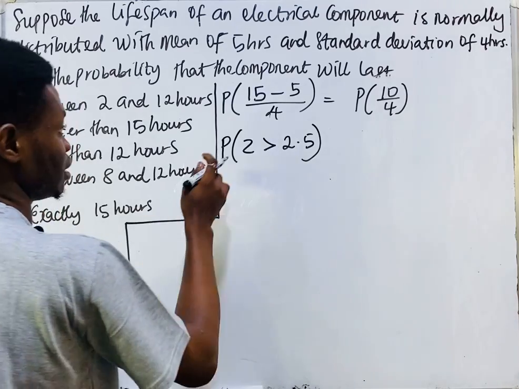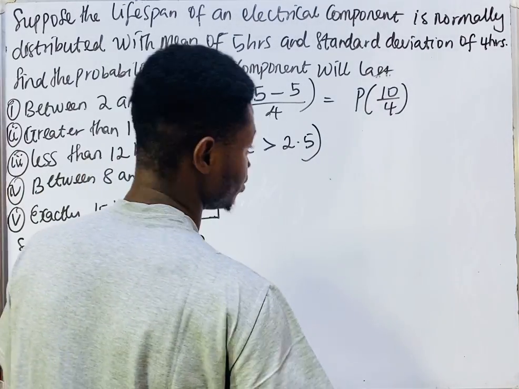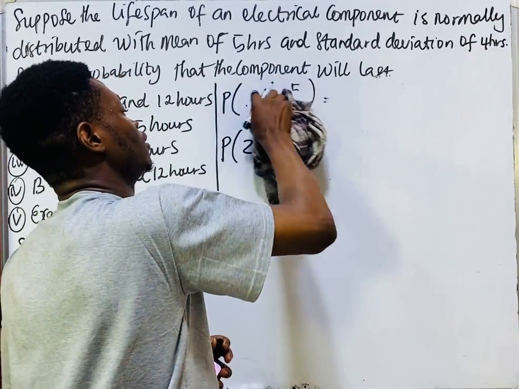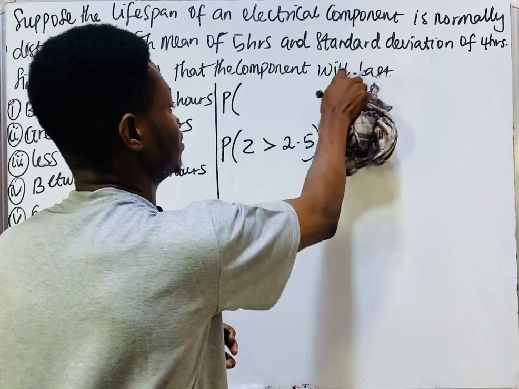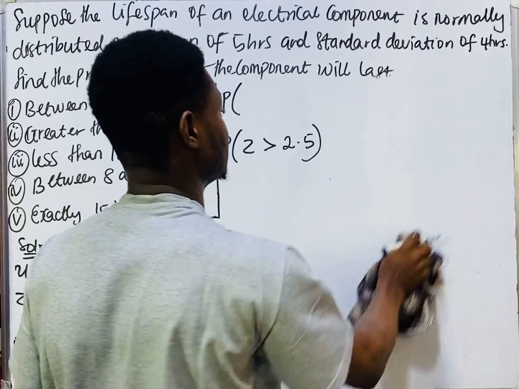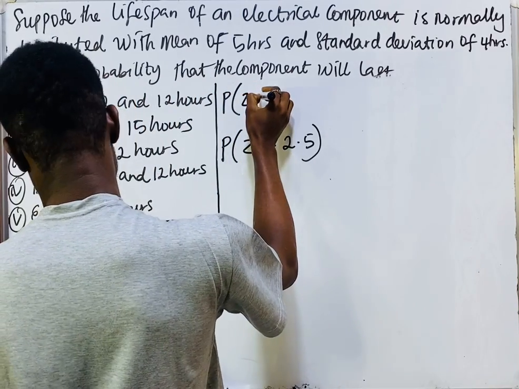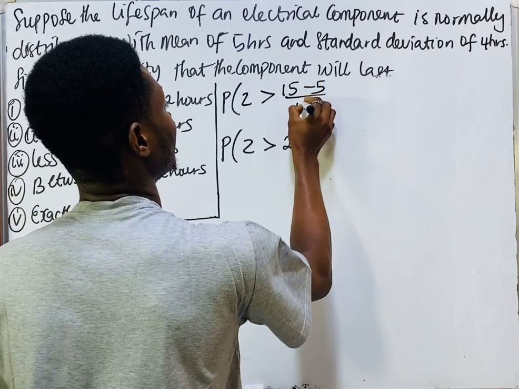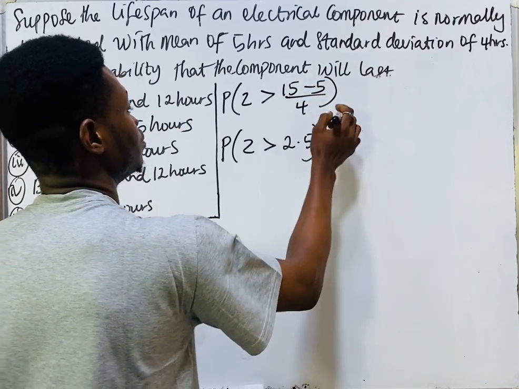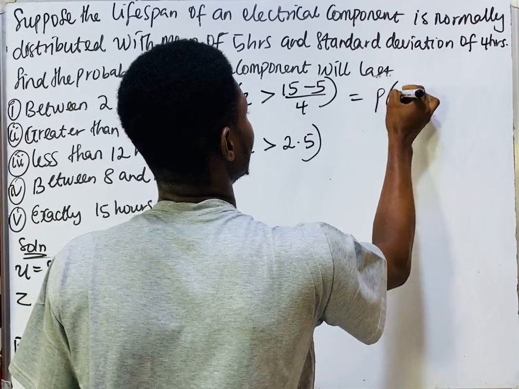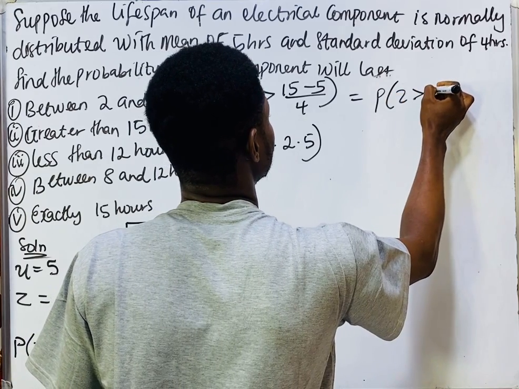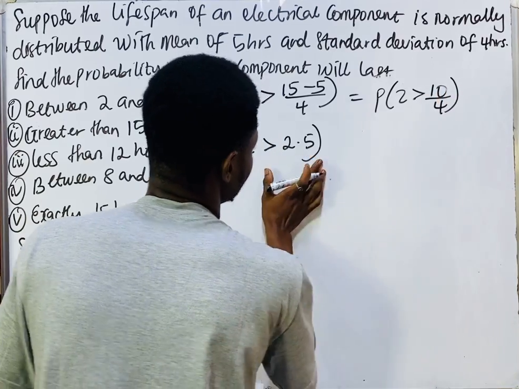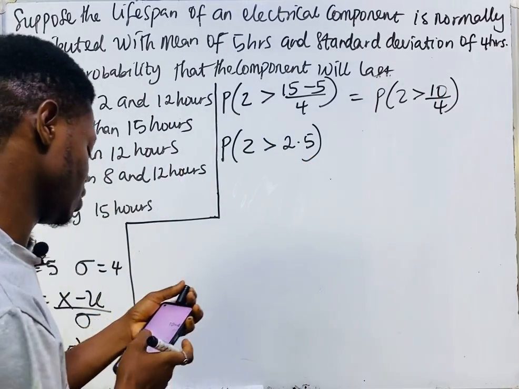If you like, you can still put it like this: P of Z greater than 15 minus 5 over 4, which is equal to P of Z greater than 10 over 4. If you like, put it like that.